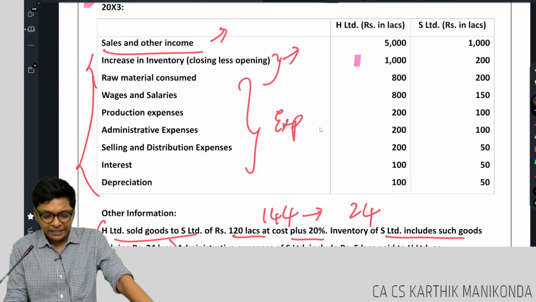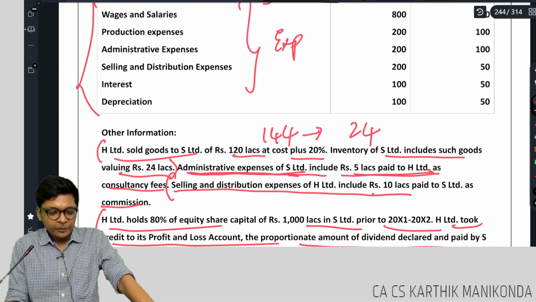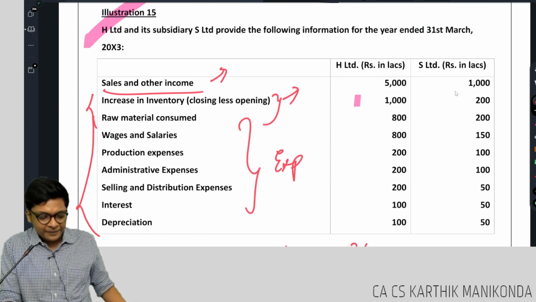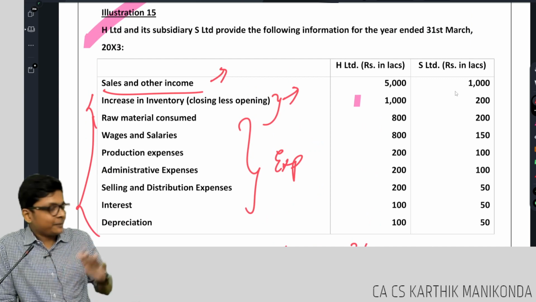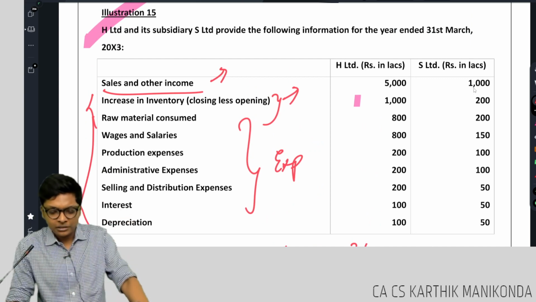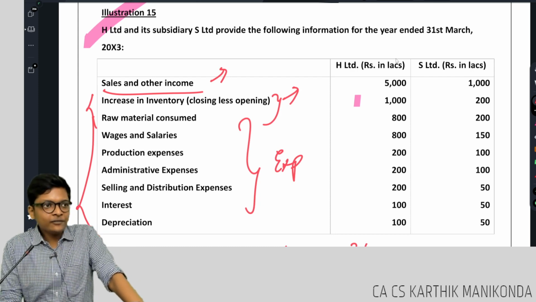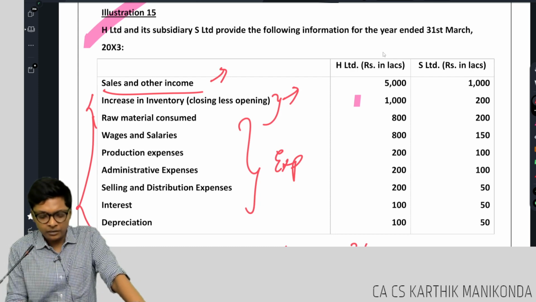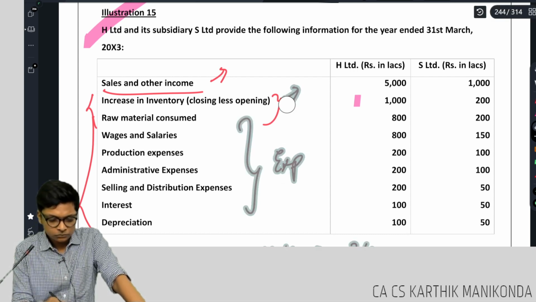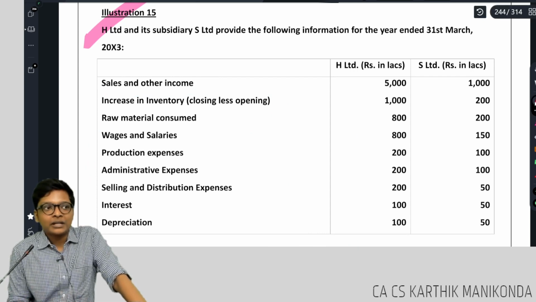Prepare consolidated P&L. First you prepare the format. Write all the relevant expenses. Use the same expenses that is there over here, or you total it, put everything in notes. We have to do one by one, guys. I told you it's nothing but line by line addition.